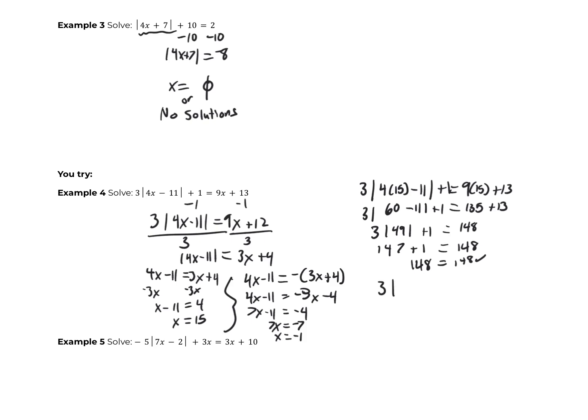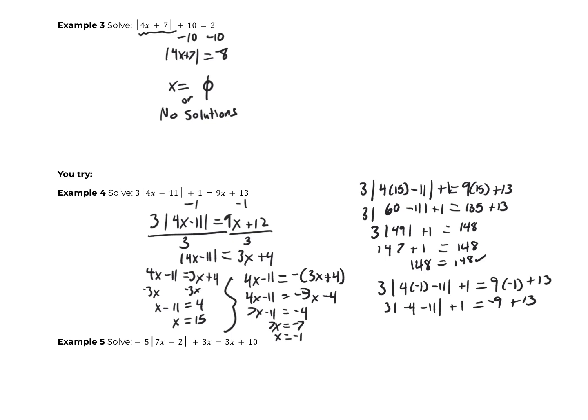Now the other number, negative 1. So 3 times the absolute value of 4 times negative 1 minus 11, plus 1, equals 9 times negative 1 plus 13. So 4 times negative 1 is negative 4. Negative 1 times 9 is negative 9.